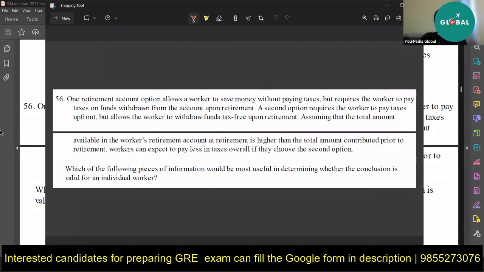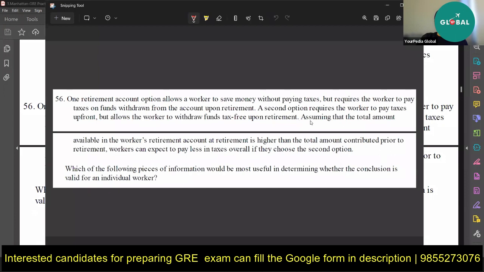Before going to answer choices, you have to understand the argument very carefully. So I'll read this one. One retirement account option allows a worker to save money without paying taxes. It requires a worker to pay taxes on funds withdrawn from the account upon retirement. A second option requires a worker to pay taxes upfront but allows the worker to withdraw funds tax-free upon retirement.